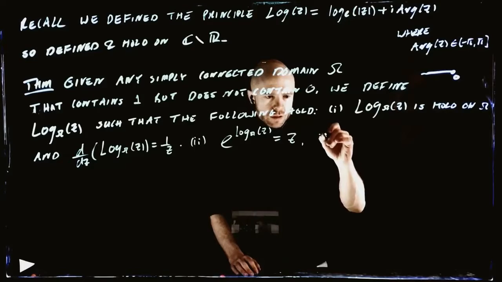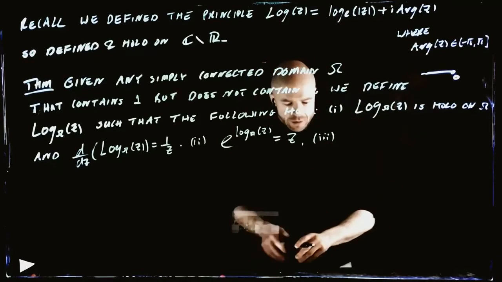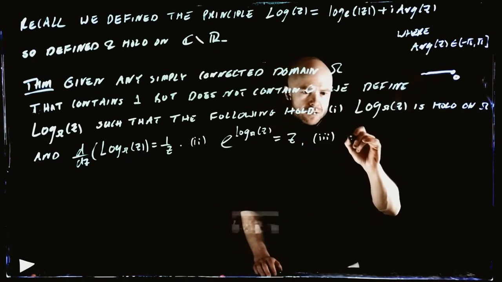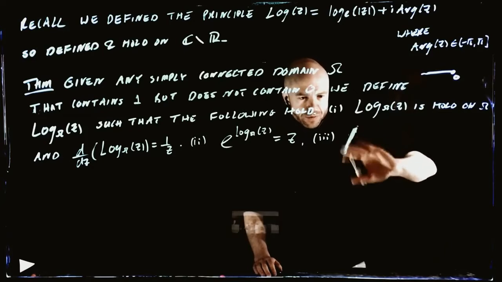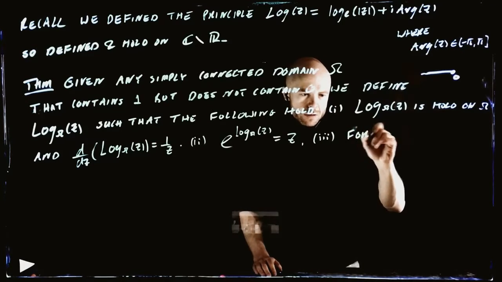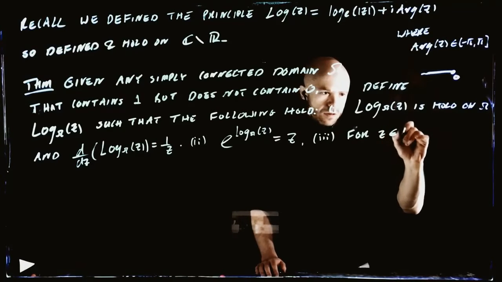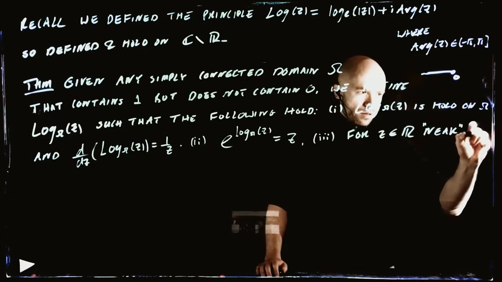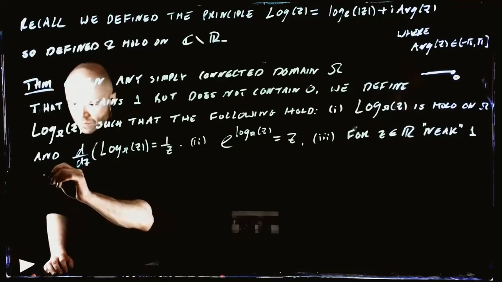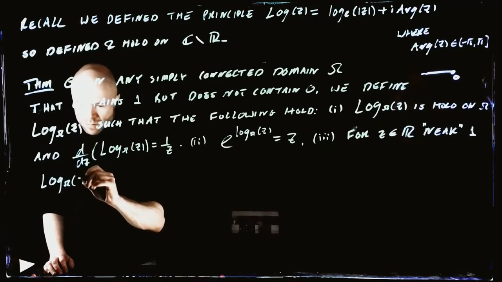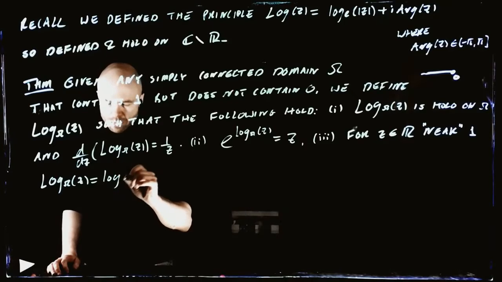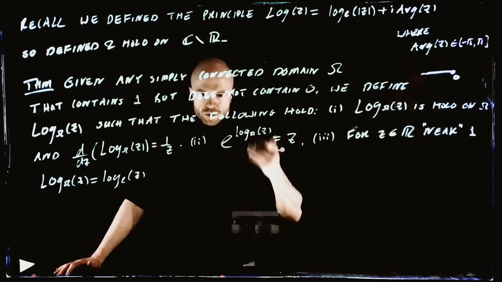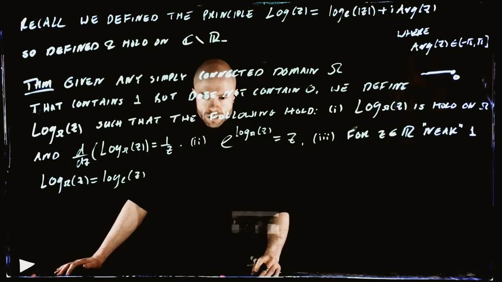And the third property, so this is how Stein words it, but later I'm going to ask you exactly what he means by this. So near, or for real numbers, so when z is a real number, then it is just equal to the natural log that we know from calculus. Okay? All right.